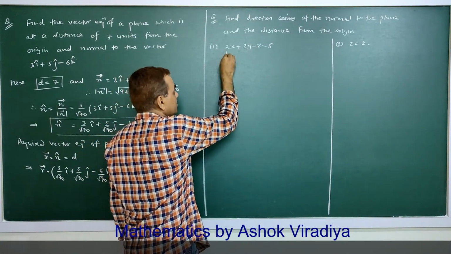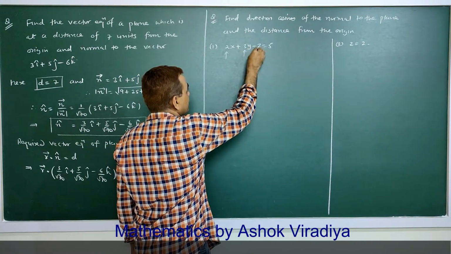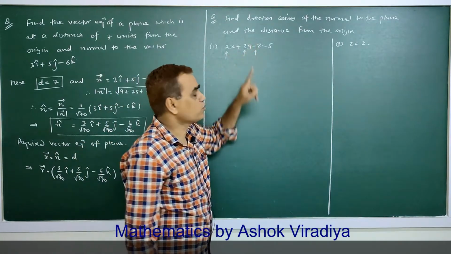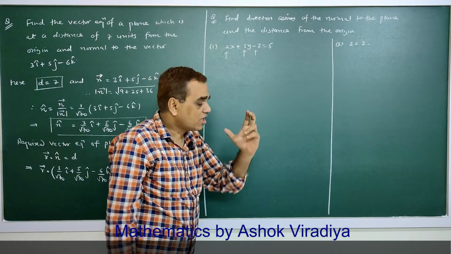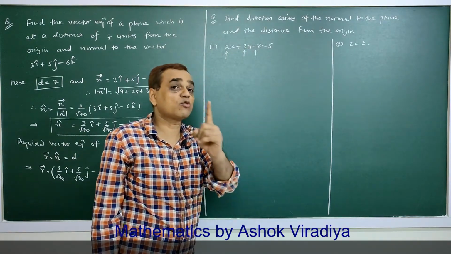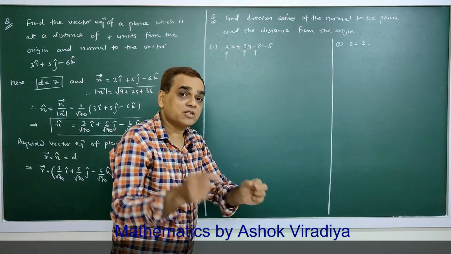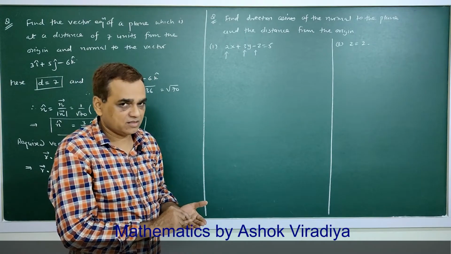Observe these numbers. The coefficients are 2, 3, minus 1. These are numbers whose sum of squares is not 1, so these are not direction cosines of a unit normal.